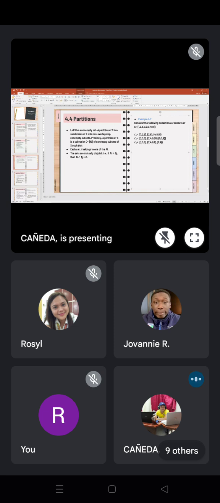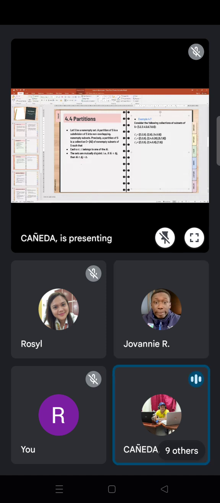The second, if Ai is not equal to Aj, then Ai intersection Aj is empty. It's empty.